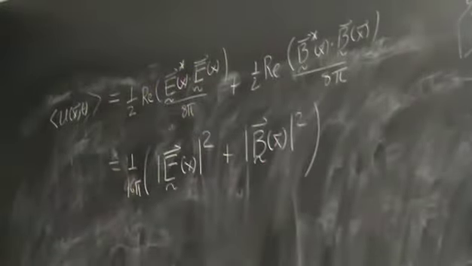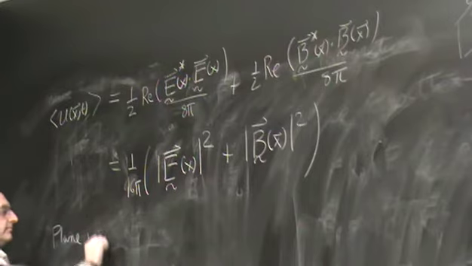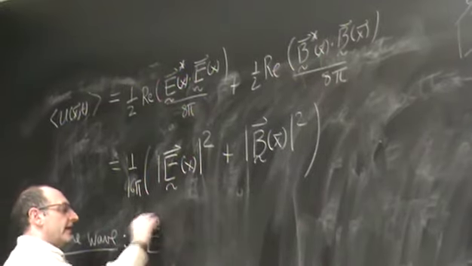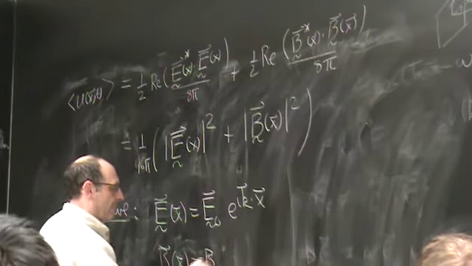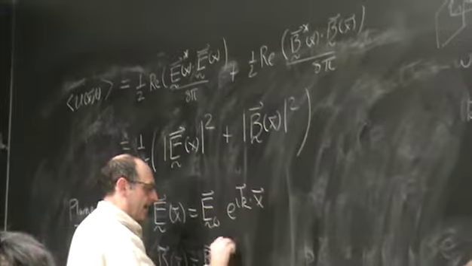Now, let's look at this for the case of the plane wave. For the plane wave, the complex vector E is E0 e to the i k n-hat dot x, and B is B0 e to the i k n-hat dot x.